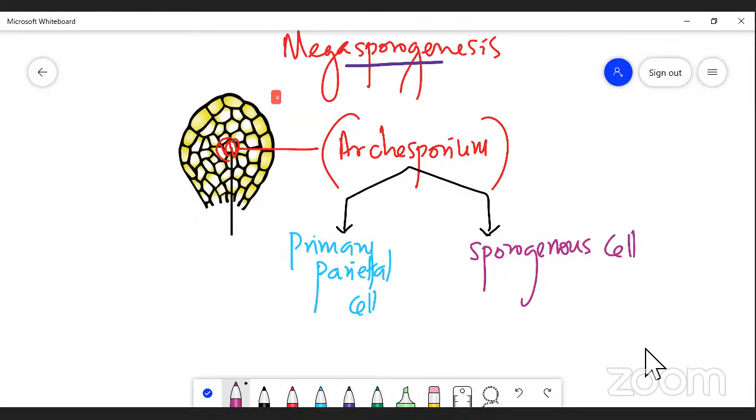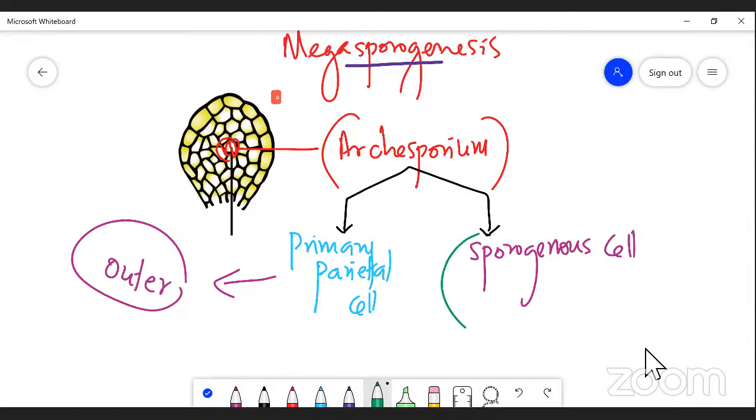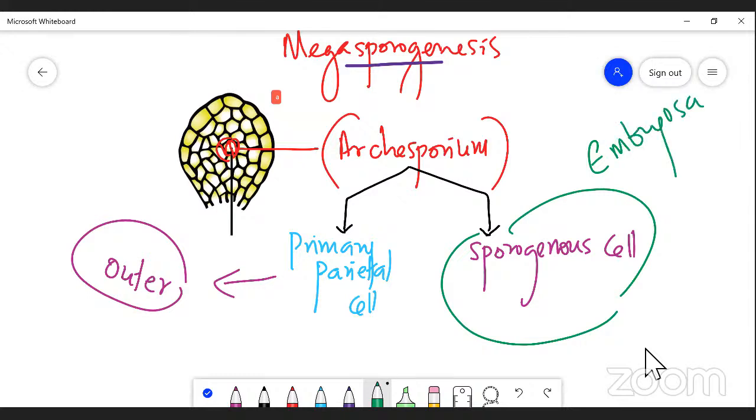This is the first development you can see, right? One is the primary parietal cell and another is the sporogenous cell. This primary parietal cell gives rise to the outer covering. The outer wall is produced by the primary parietal cell, whereas the sporogenous cells are responsible for the formation of the embryo sac. I mean, the megaspore mother cell is derived from the sporogenous cell.